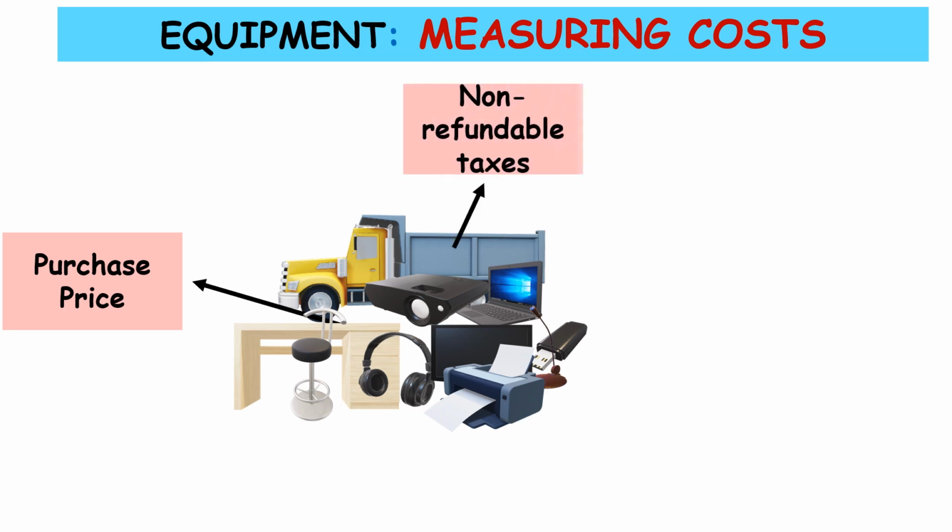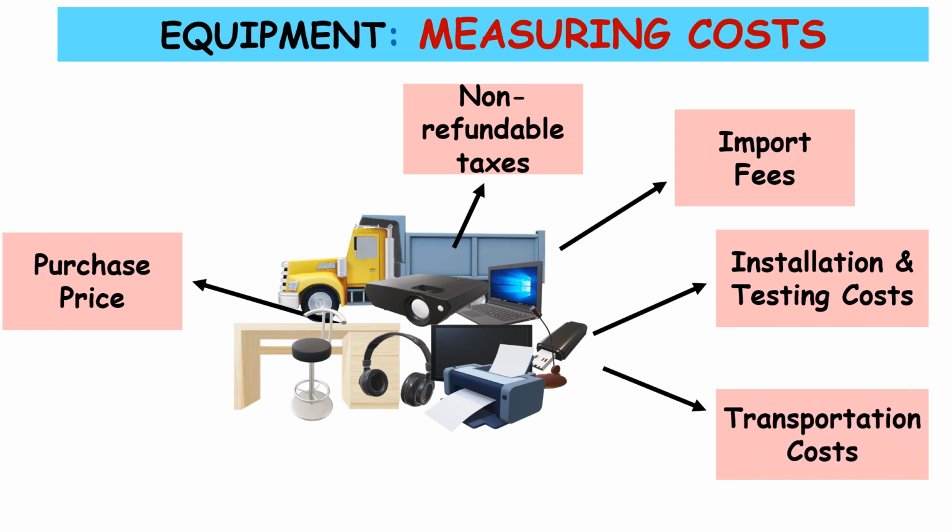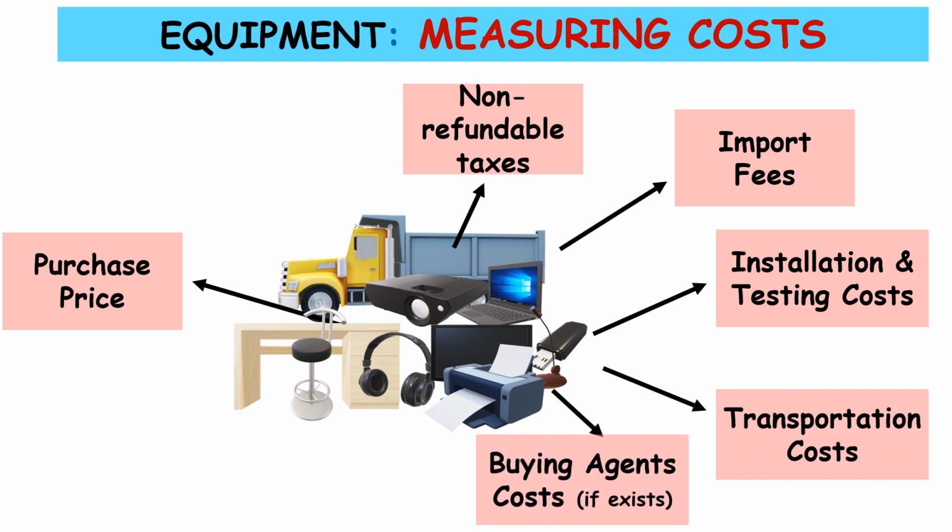So they could include any non-refundable taxes again, any import fees, installation and testing of these items, transportation cost obviously, any buying agent costs again. So again, there is a purchase cost and all other costs that are necessary to bring the asset into the condition in which the business can use it.